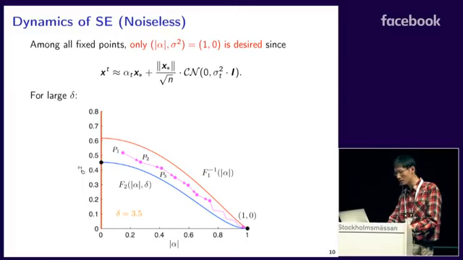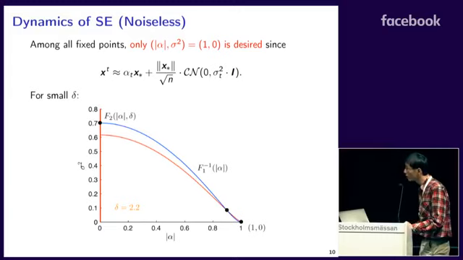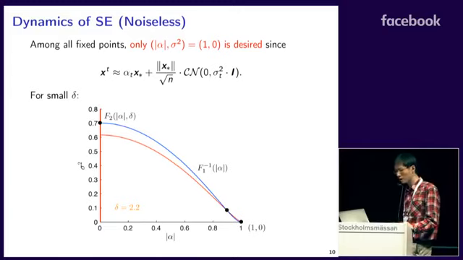Now, if we make delta smaller, which makes the problem much harder, the curve of f2 will become higher and higher, and eventually it will go above f1. It looks like this. This is the figure for delta equals 2.2. As you can see, there's an intersection between the 2 curves, which introduces an additional fixed point, indicated by the 3rd black point.